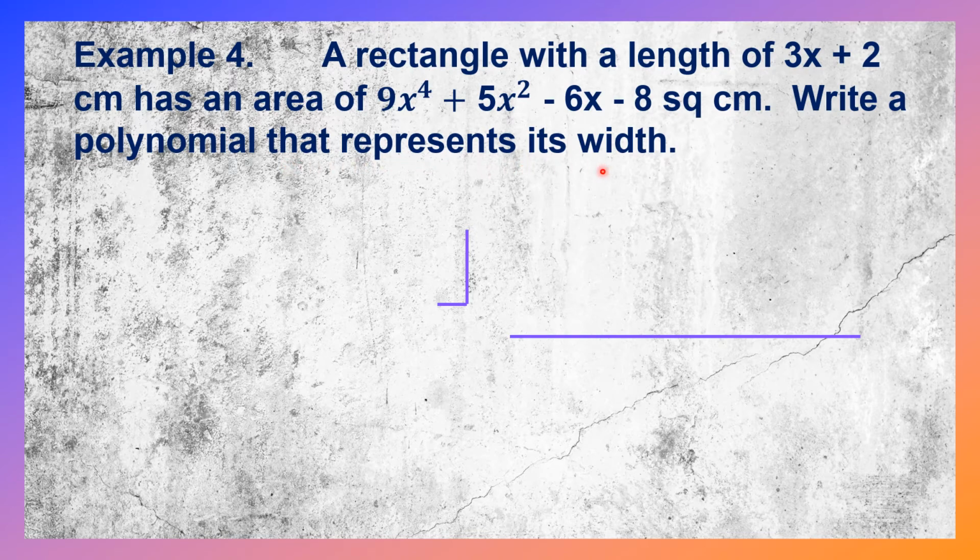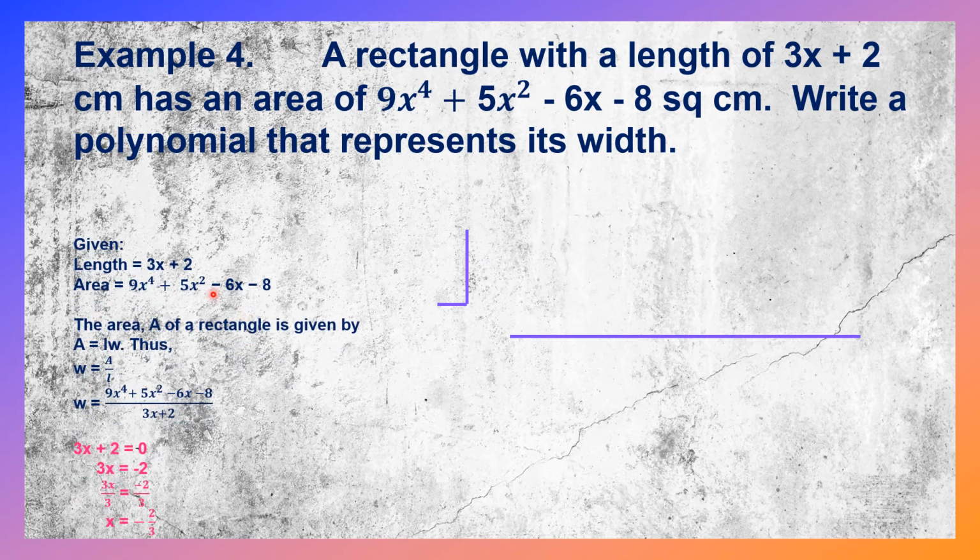Since it is a word problem, first we must know the given and what is being asked in the problem. Our given are the length, which is 3x plus 2, and the area of 9x raised to 4 plus 5x squared minus 6x minus 8.